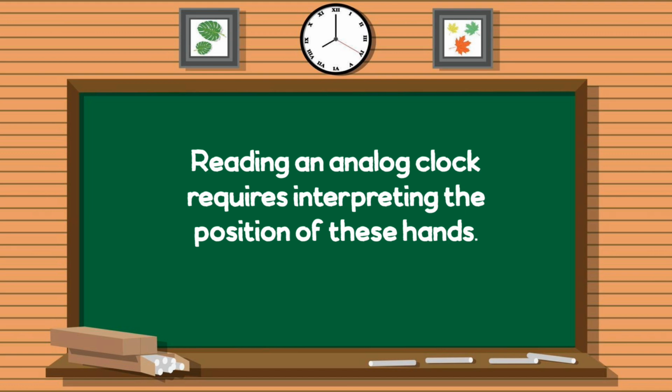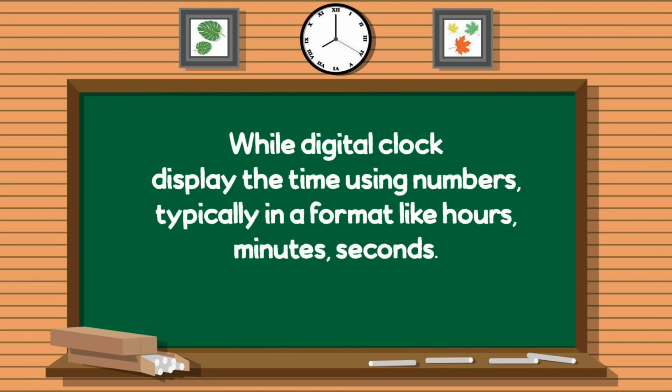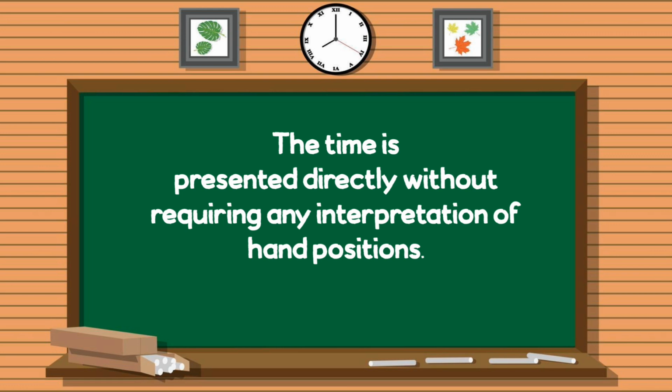Reading an analog clock requires interpreting the position of these hands, while digital clocks display the time using numbers, typically in a format like hours, minutes, seconds. The time is presented directly without requiring any interpretation of hand positions.